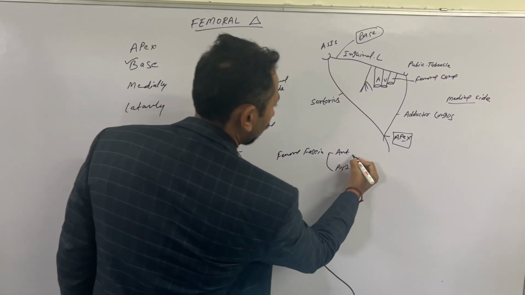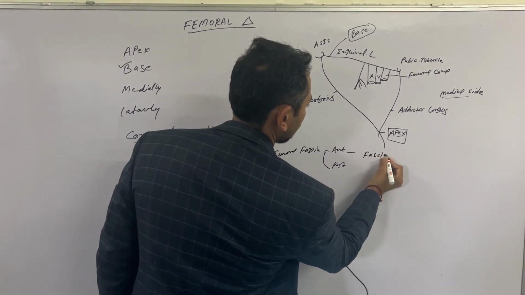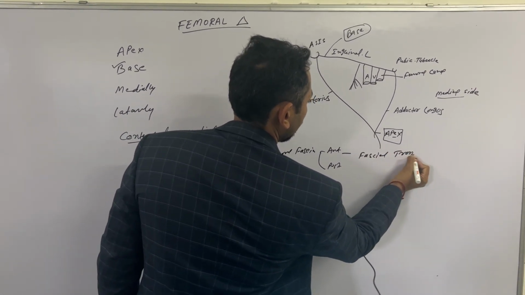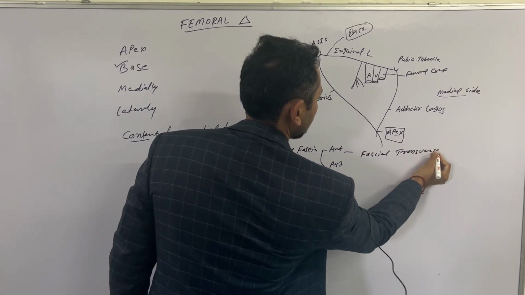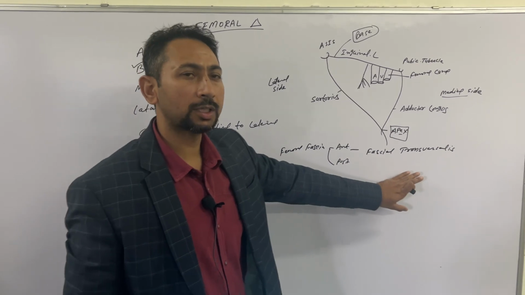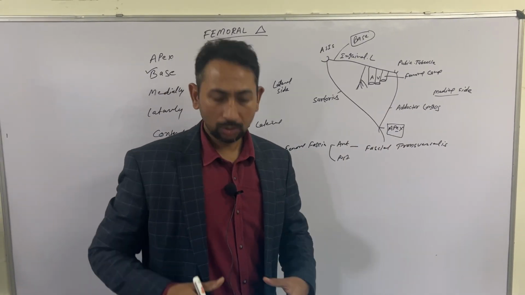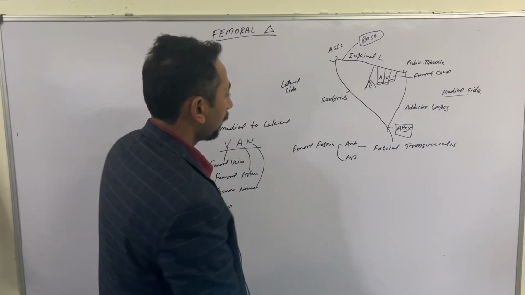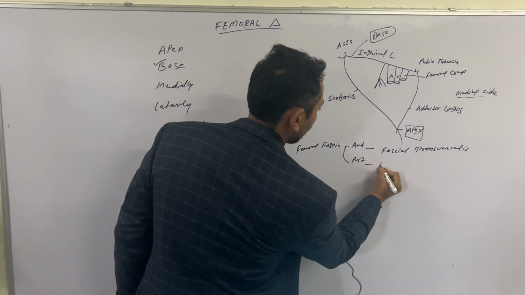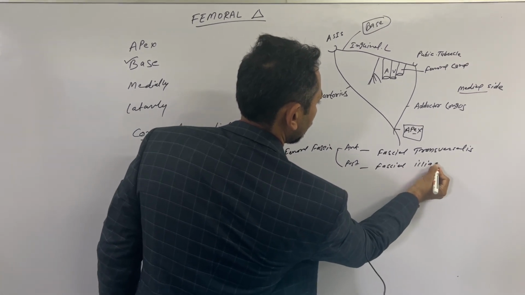Anteriorly it is formed by the fascia transversalis, deep to the transverse abdominis muscle. The transverse abdominis muscle is a muscle of the abdominal region. Okay. And on the posterior side, the fascia iliaca.